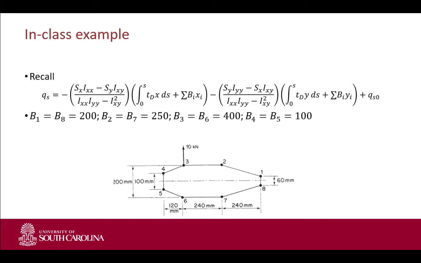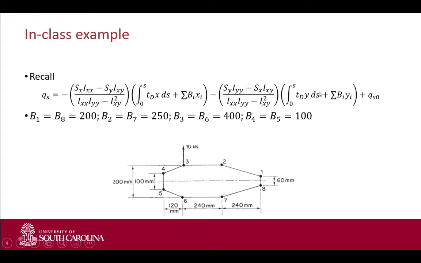In this case, you would assume that t_D is equal to 0, so you would just go with this equation here. You know that Sy is given as 10 kilonewton, Sx is not given. So this reduces to the previous equation that we had on the board, which was equal to Sy over Ixx multiplied by B_i y_i, plus the correction shear flow that we have.